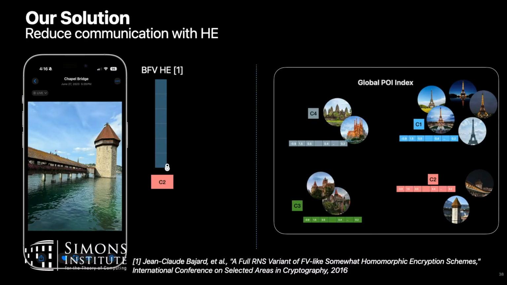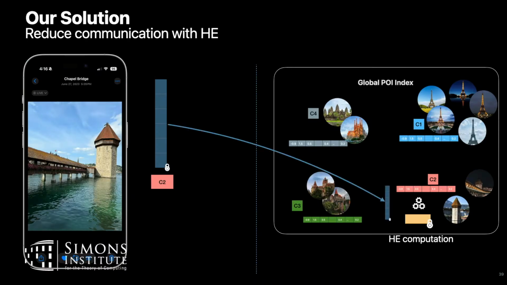On the server, we compute cosine similarity scores against all the embeddings in that specific cluster. Specifically, we're using BFV as our choice of HE scheme, and the RNS variant of BFV. Another thing to note is that even for the fake queries, the client can just encrypt any value, so there is no leakage of whether a query is real or fake.